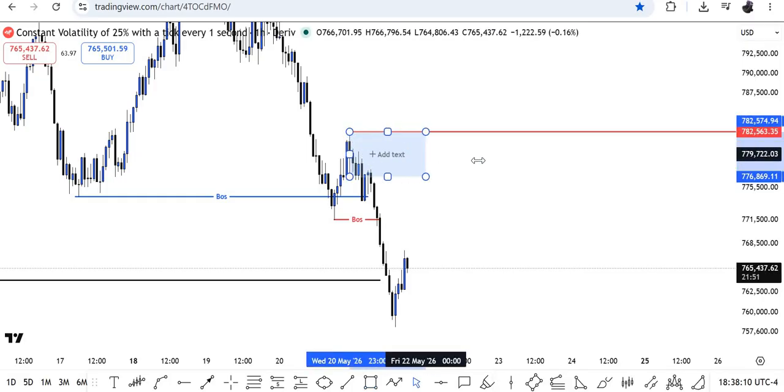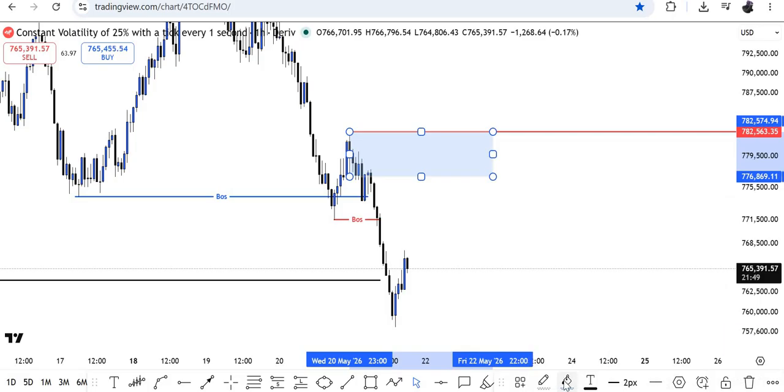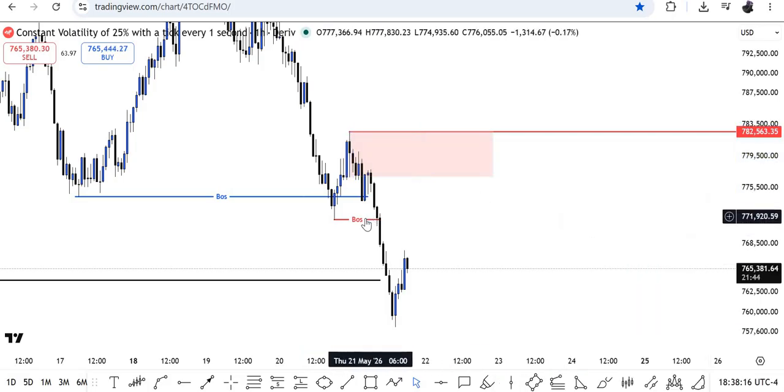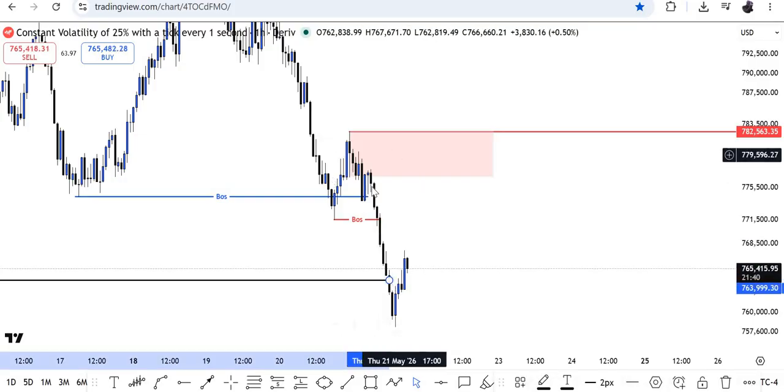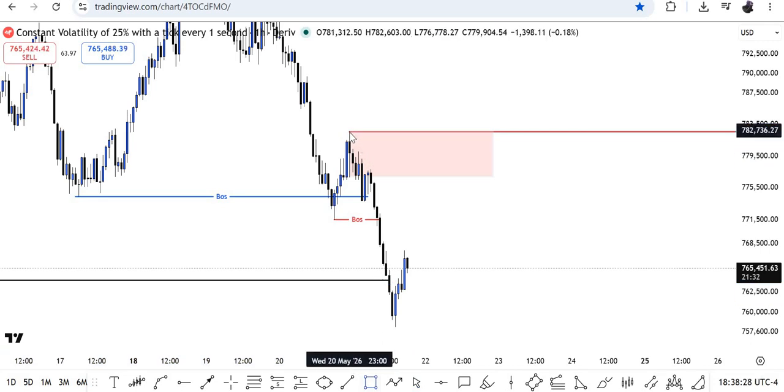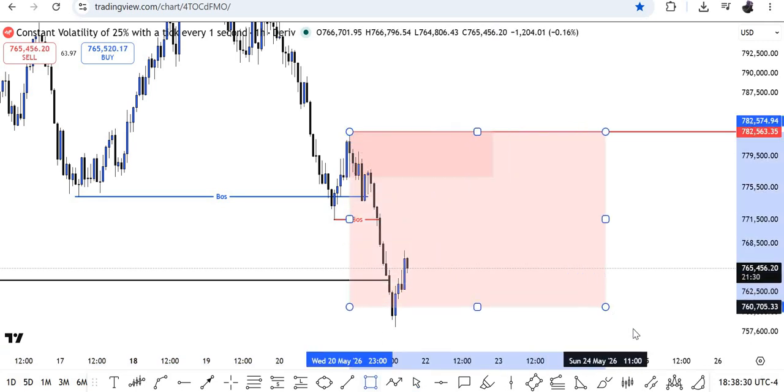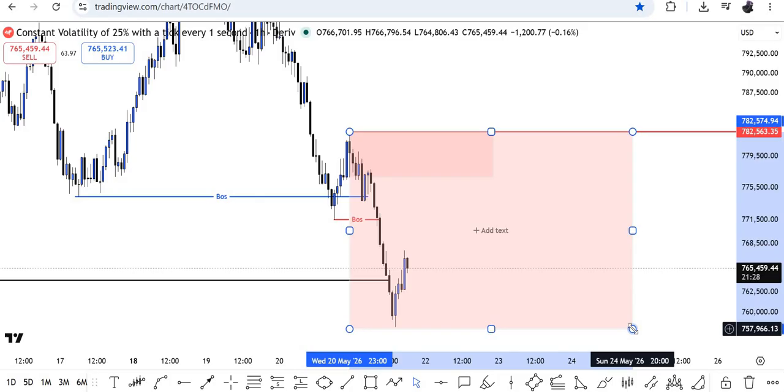Then I mark out the most extreme candlestick. And since we are bearish on the 1 hour, that extreme candle is going to be my supply zone. And now the focus is narrowed down to this range right here. So if you notice, we are coming all the way from the daily time frame, and now we're down to the 1 hour time frame.